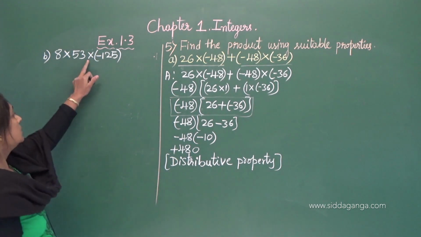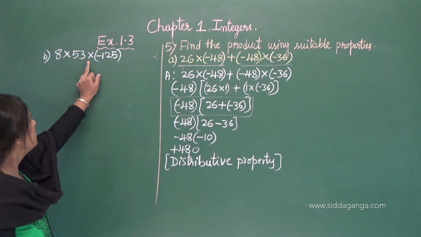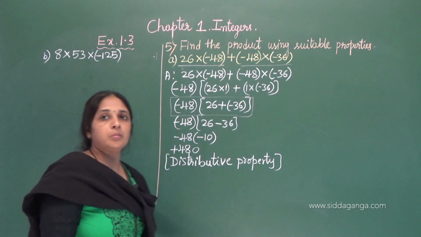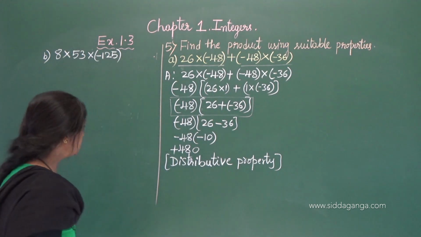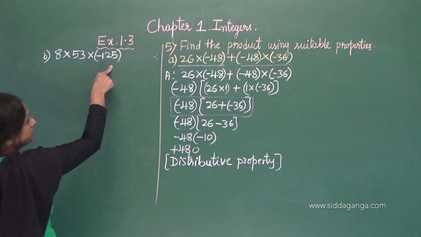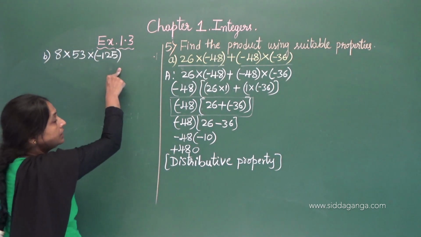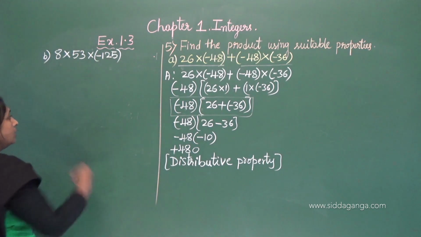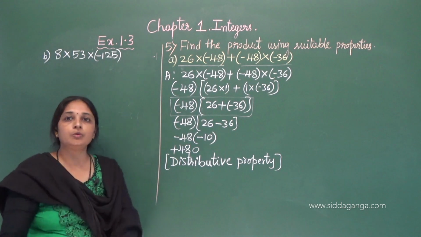This is commutative property. We have only 3 numbers and we don't have any other operations here. Then we can tell that this is commutative property. We are multiplying, taking 3 numbers.